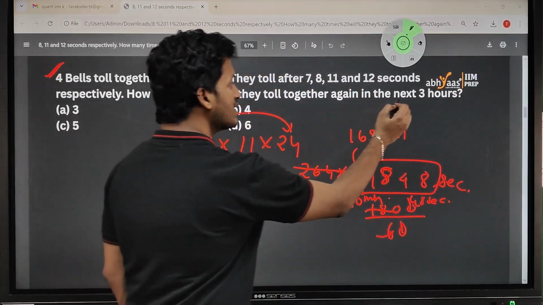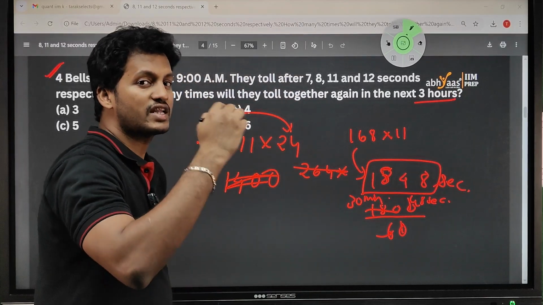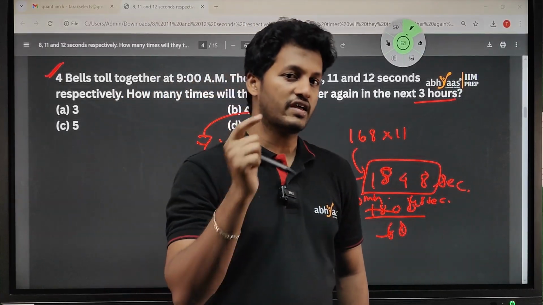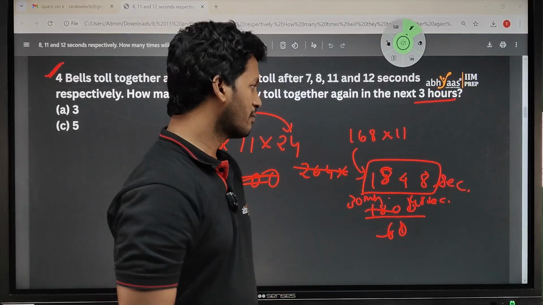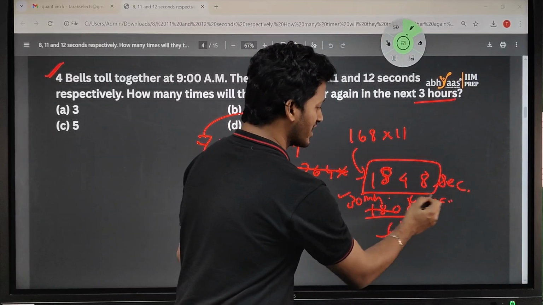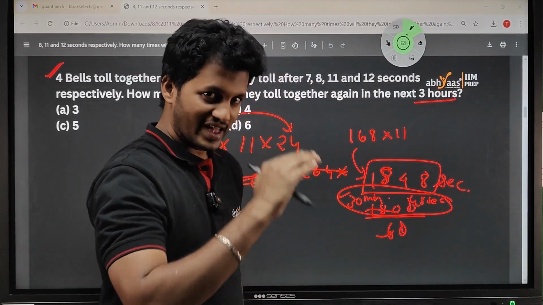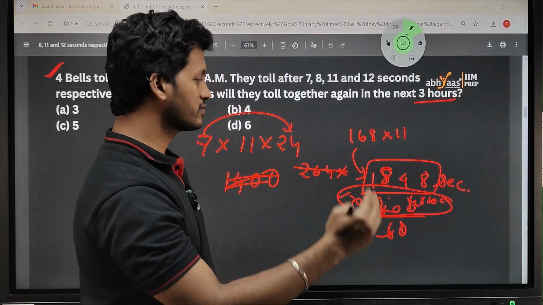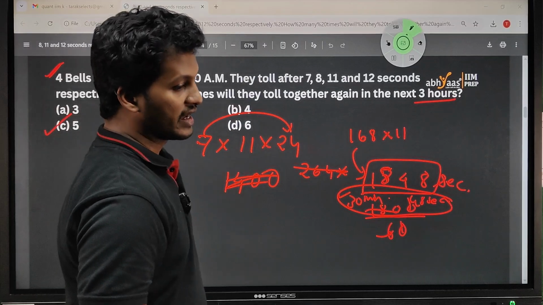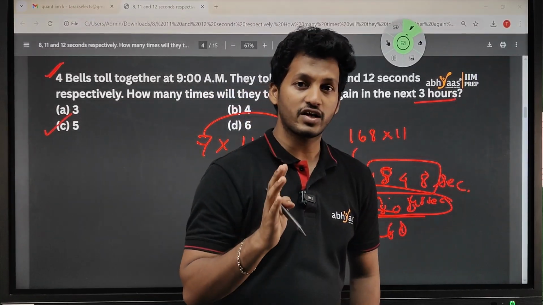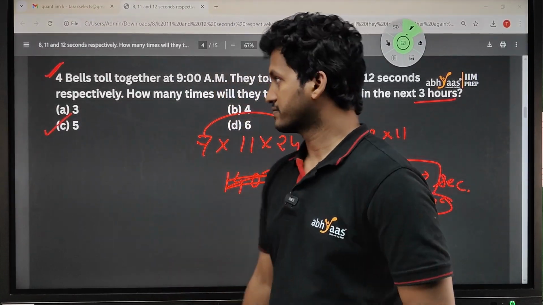In the next 3 hours, how many 30 minutes 48 seconds will there be? If it were exactly 30 minutes, there would be 6. But we are asking 30 minutes 48 seconds, so there will be less than 6 but more than 5. So it will be 5 only. In the next 3 hours, they will toll 5 times.